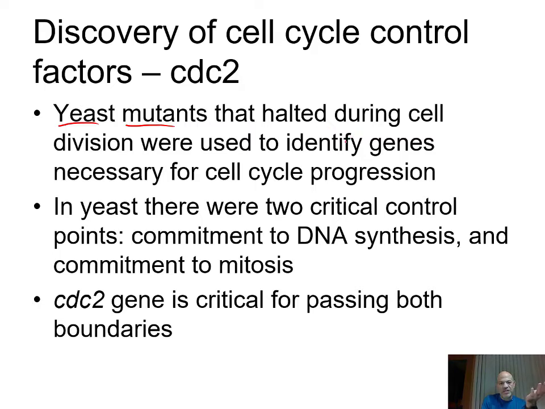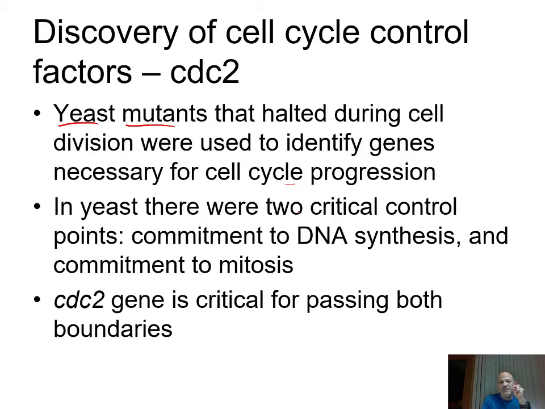So there's a mutation that caused them not to progress through the cell cycle. And it's when you start looking at mutants that you start to learn what kinds of proteins those mutants are making, and when you compare them to those that are not mutants. And so in these yeast mutants, they found that they were not able to progress through the cell cycle.